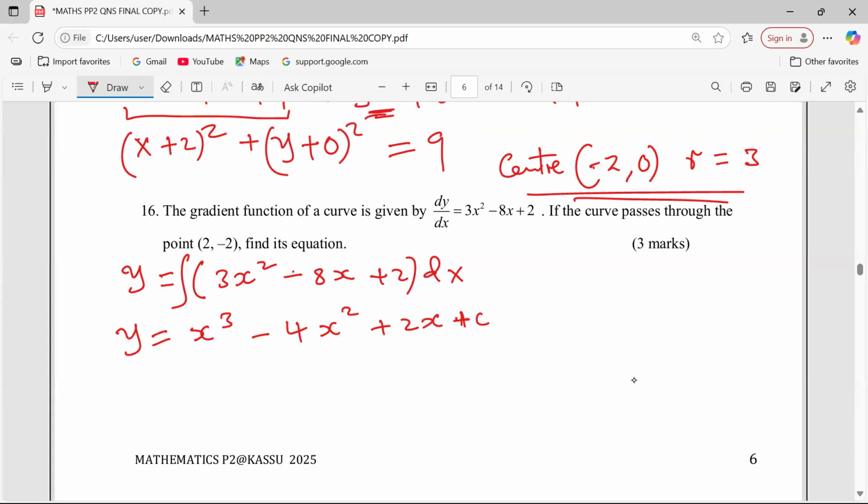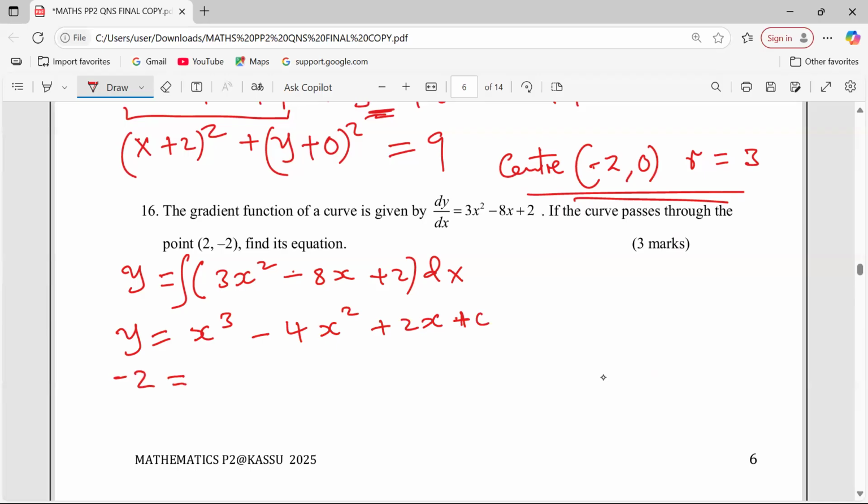So this is the general equation of this particular curve. And for this particular curve, there is something that we are supposed to know: according to the provided coordinate, it means when the value of y is -2, x is 2. So we can substitute here so that we may know the arbitrary constant.